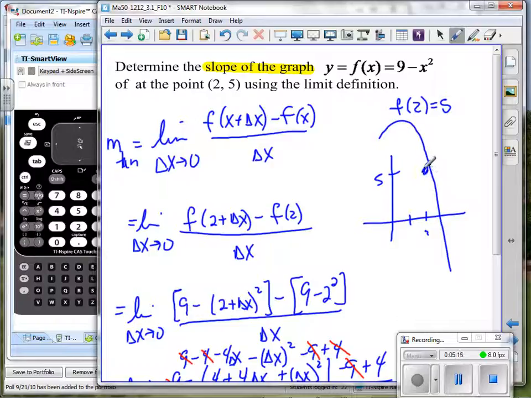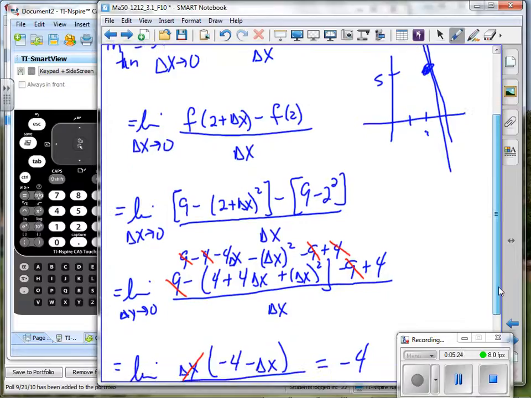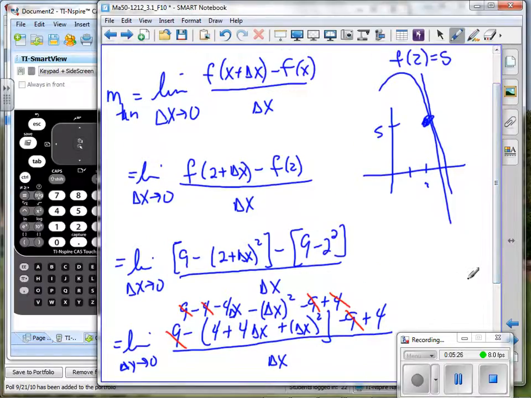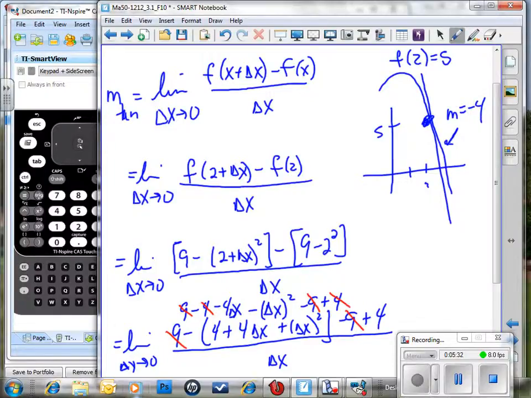There's that point. If I had a tangent at that point, what would the slope of that tangent look like? It better be negative 4, okay? The slope of that tangent had better be negative 4. How could I prove it? Graph it. Yes, I can graph it.